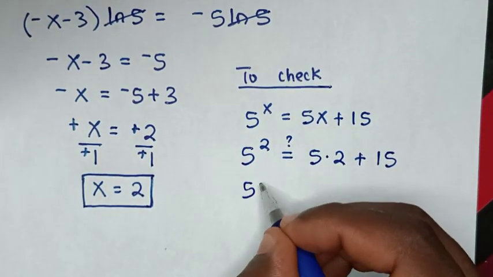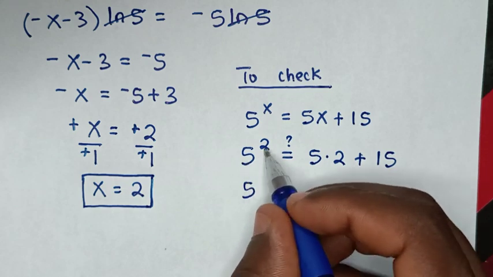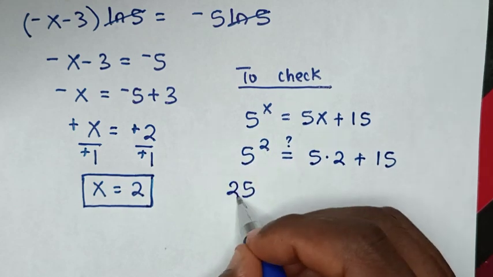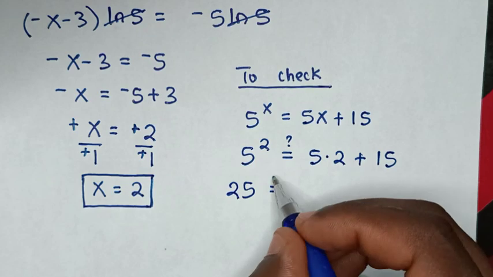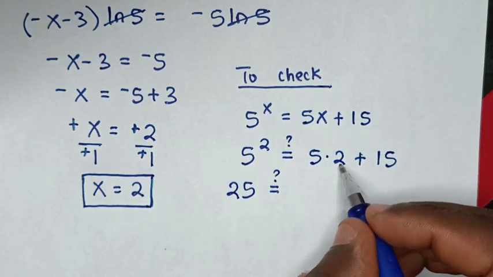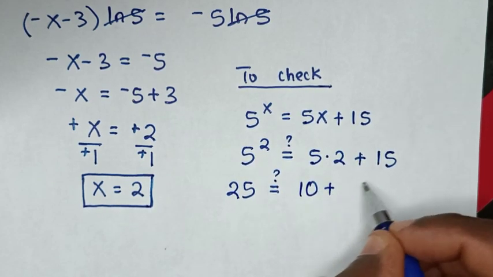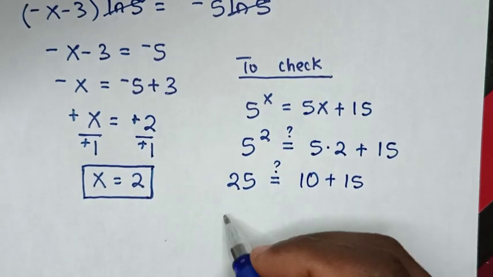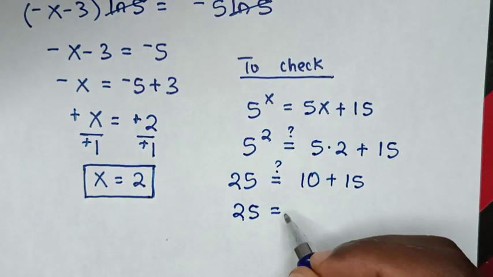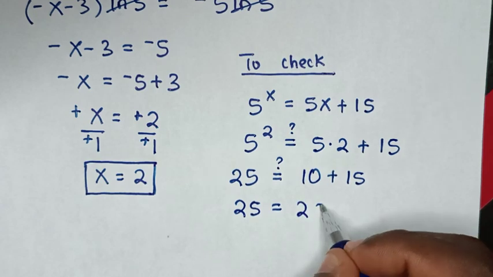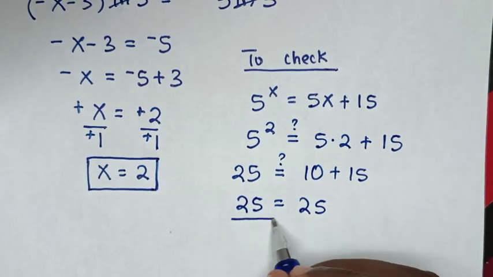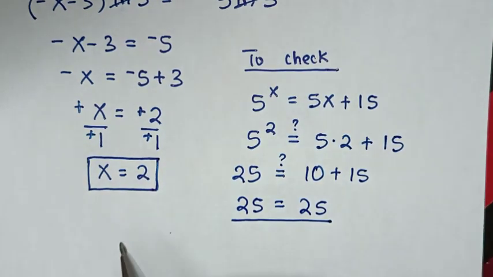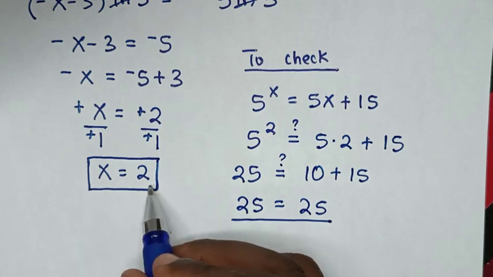So it will be 5 squared, it is 25, is equal to 5 times 2, it is 10, then plus this 15. So it will be 25 is equal to this plus this, it is 25. So right side and left side are equal, then it's true for the value of x is equal to 2.